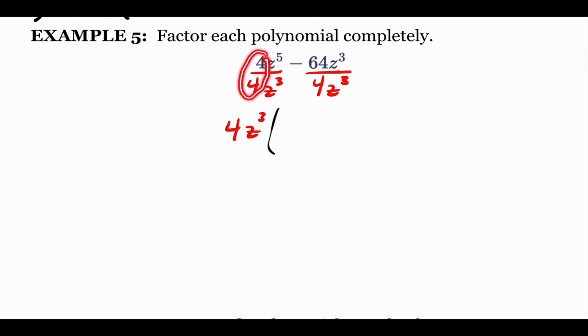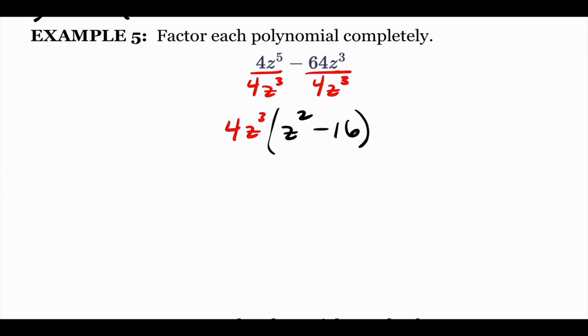When I divide 4 by 4, it makes 1. And when I divide powers, I take away powers. So I had 5, I take away 3, I have 2 powers left. 4 goes into negative 64 negative 16 times, and I took away all 3 powers, so there's nothing left.